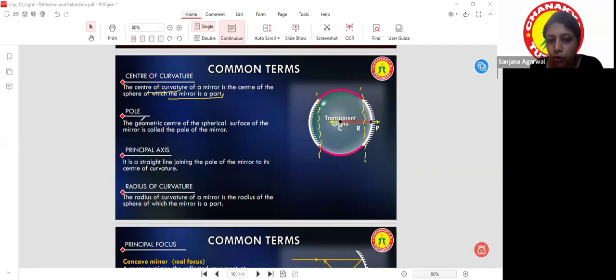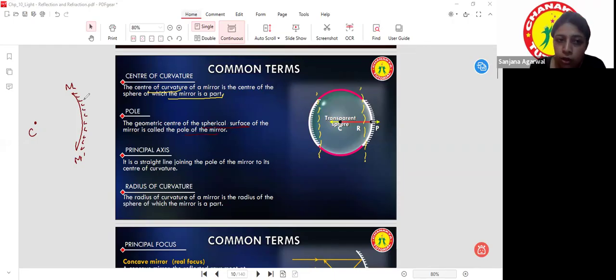The geometric pole, okay. I'll show you this with the help of a diagram. I'll be drawing a concave mirror here. Let us assume that this is the center of curvature of this spherical mirror. Now what is pole? The geometric center of the spherical surface of the mirror is called the pole of mirror.